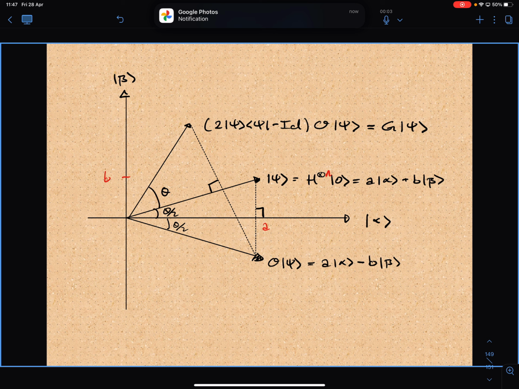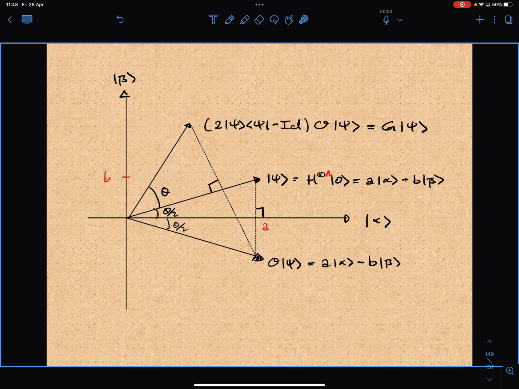And then the next thing that we apply is going to be this other flip, flip about the psi vector. And so that means that we're flipping over this psi vector over here. And so we draw the line, and we have our right angle, and we flip it over here. So the result is going to be this vector over here.